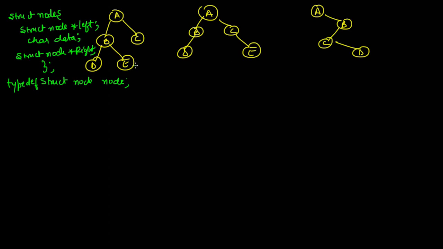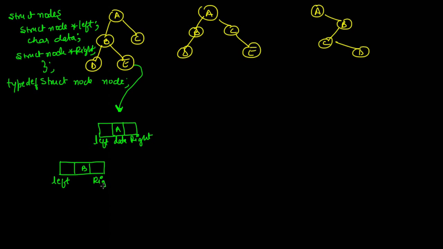So these are the trees which we are having, right? And how is this tree actually stored, how is it represented? There is a root node, which is storing some data which is A, and it is having a left pointer, a data part, and a right pointer. Then there is a node which is B, having a left pointer, a right pointer, and a data part.